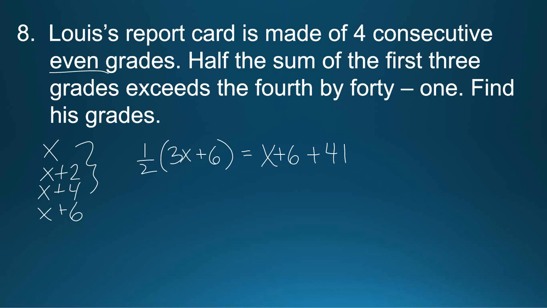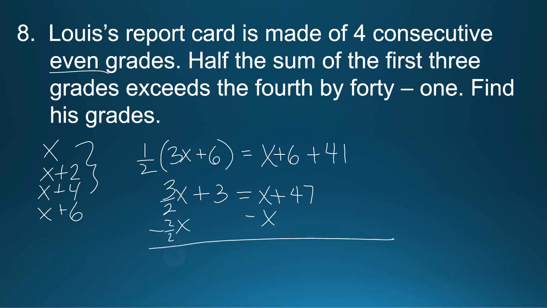All right, so we have 3 over 2 x plus 3 equals x plus 47. Then I can subtract x from both sides, which is like 2 over 2. So this is 1/2 x plus 3 equals 47.